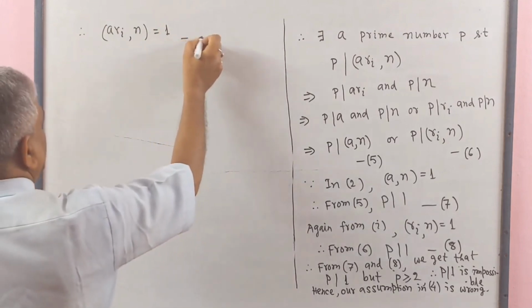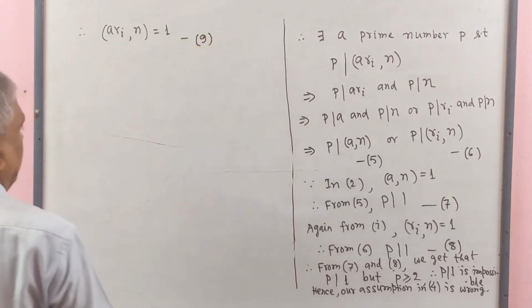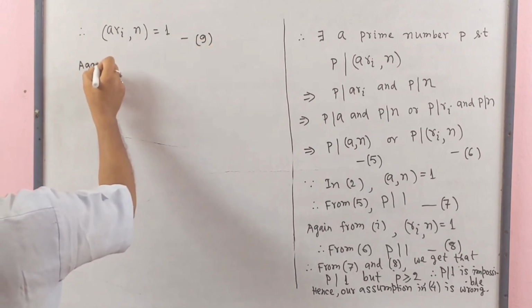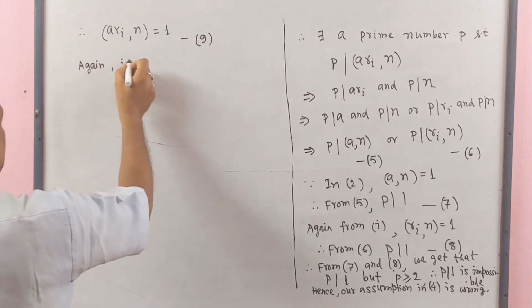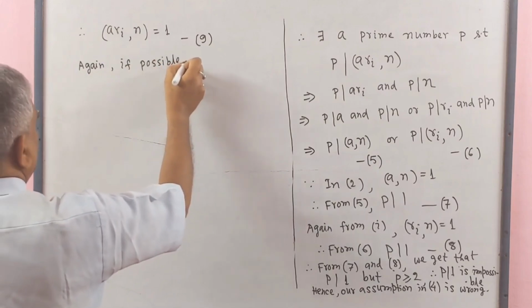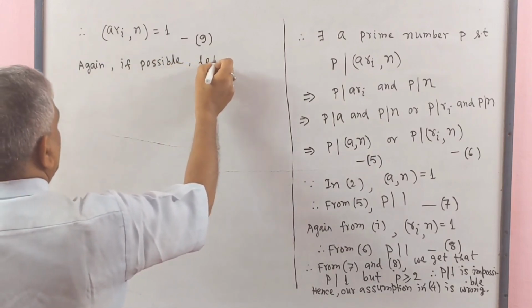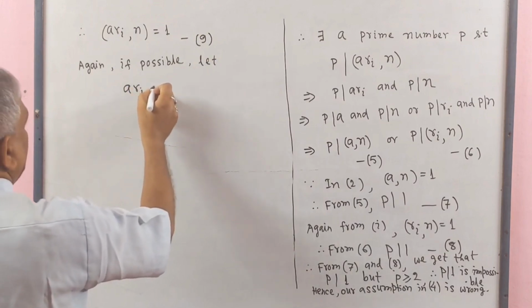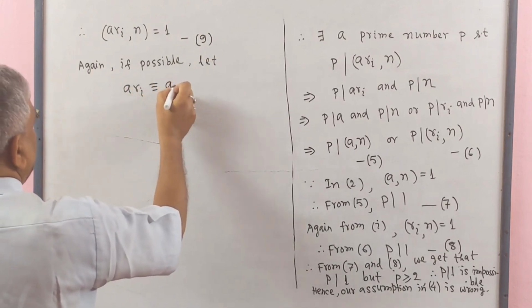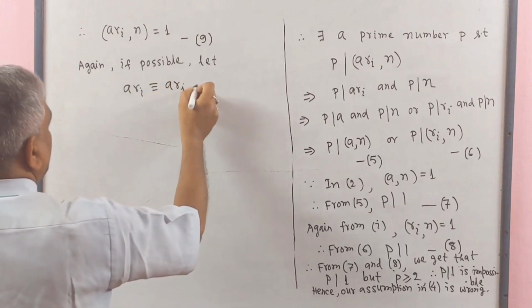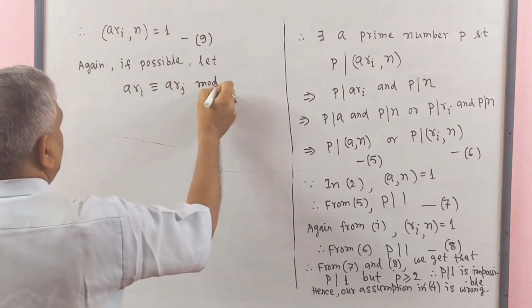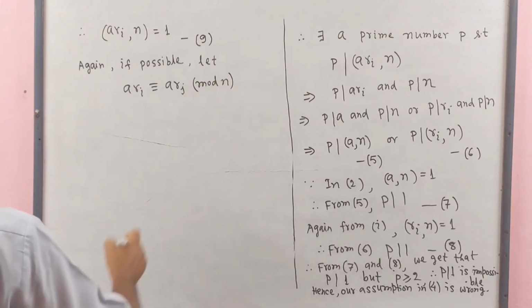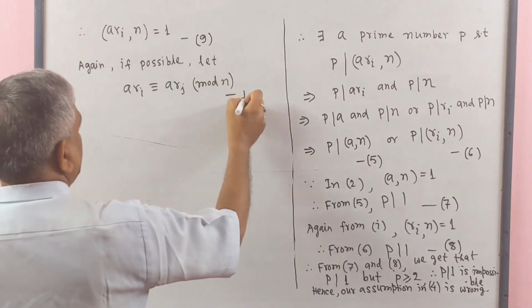This is 9. Again, if possible, let a r_i is congruent to a r_j modulo n. This is number 10.